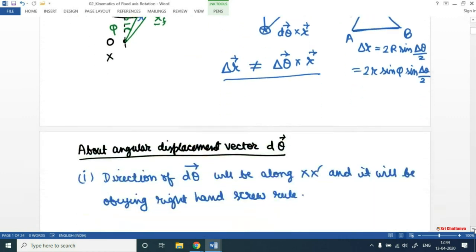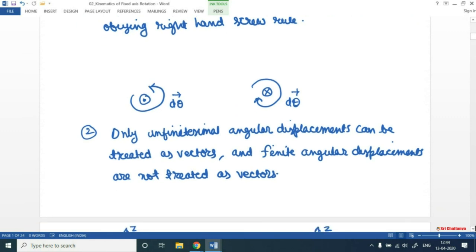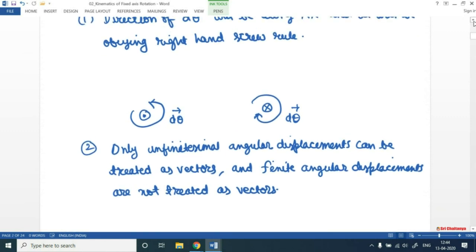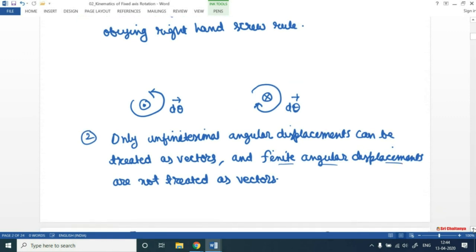And another way of justification is, for a finite angular displacement, it does not commute. Means if a physical quantity is a vector, for example, a plus b must be equal to b plus a.